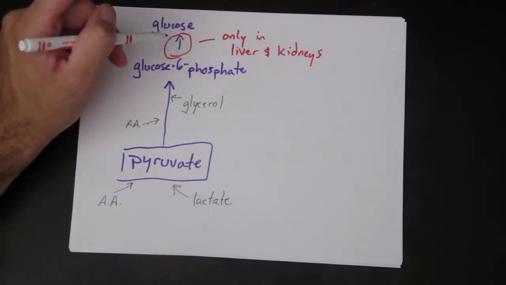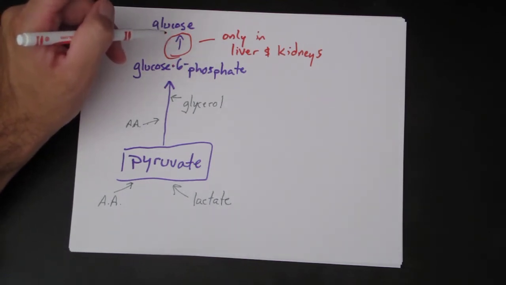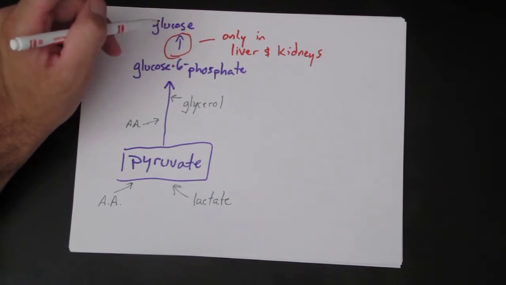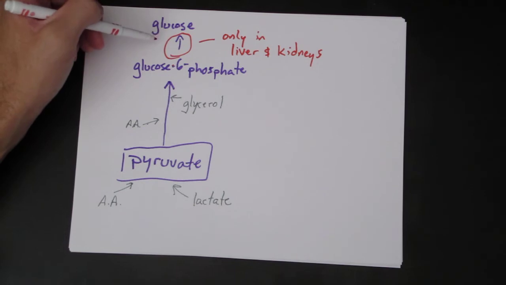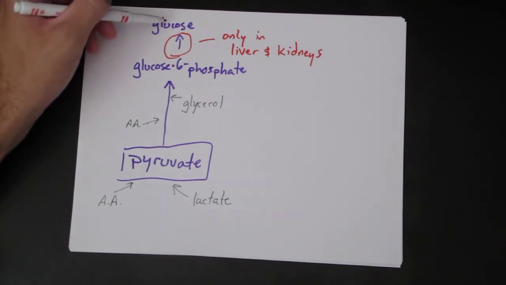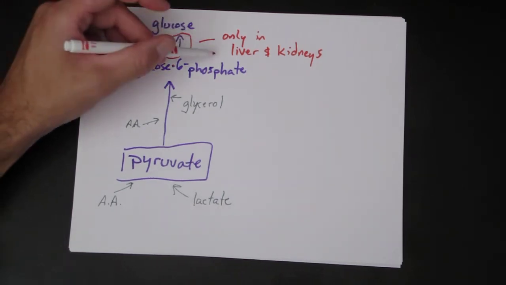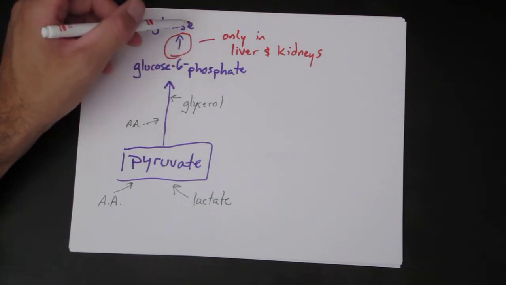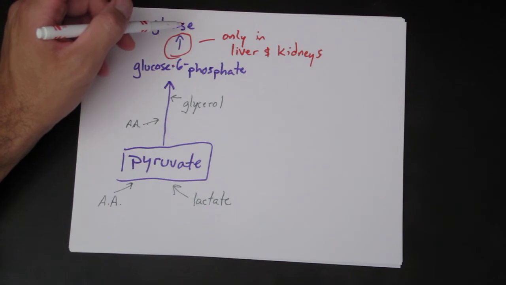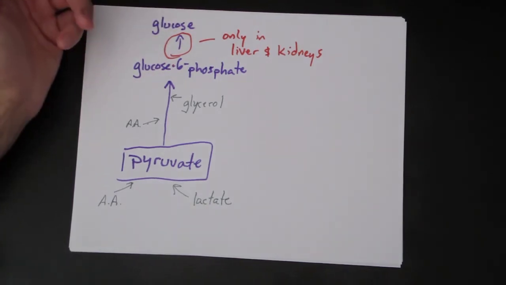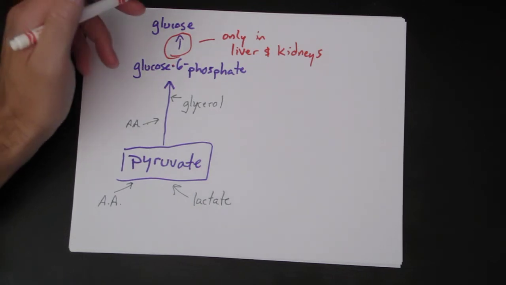So gluconeogenesis can only happen in the liver and kidneys. It can't happen in any other tissue in the body. But we can ultimately produce glucose, and that glucose can then diffuse out of these kidney and liver cells into the bloodstream, and it can be sent to the brain and other tissues where it can be used. So this is very generally what this process looks like.